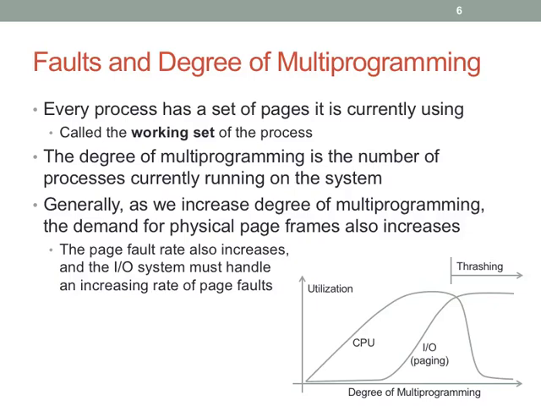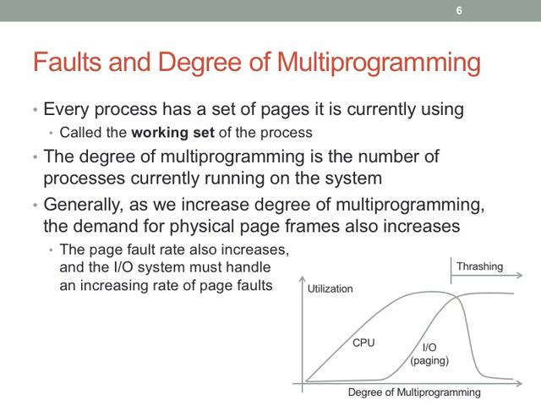You increase the degree of multiprogramming, CPU utilization increases, because processes will do CPU bursts and then I/O bursts, and while they're doing I/O bursts, they're not using the CPU. So as we increase the degree of multiprogramming, we should see CPU utilization go up. And then at some point, each process has a working set of pages it would like to work with, so that increases the requirement on frames.